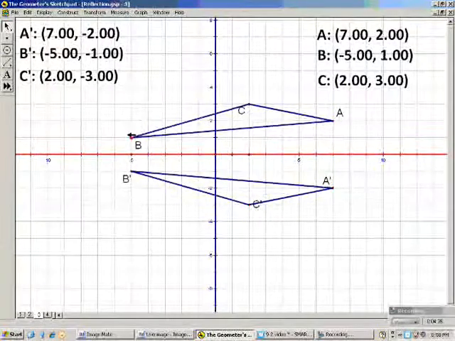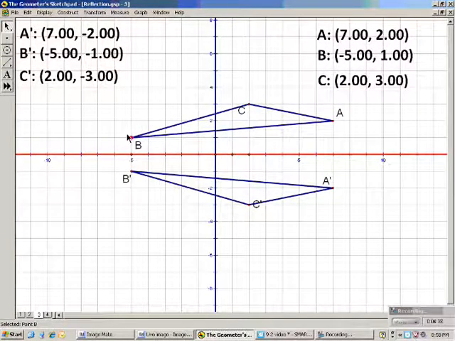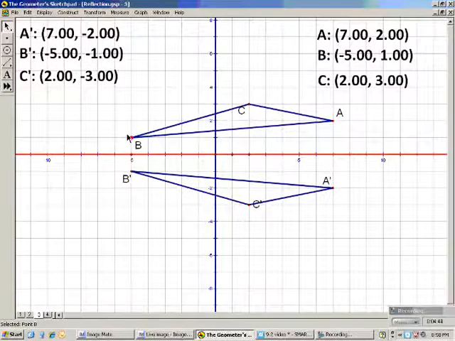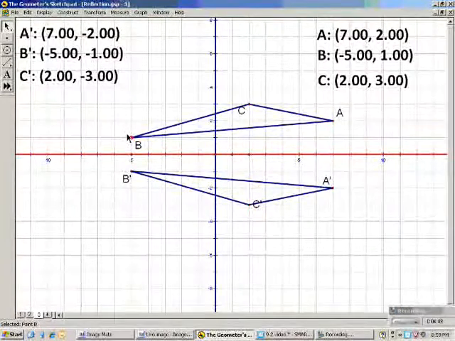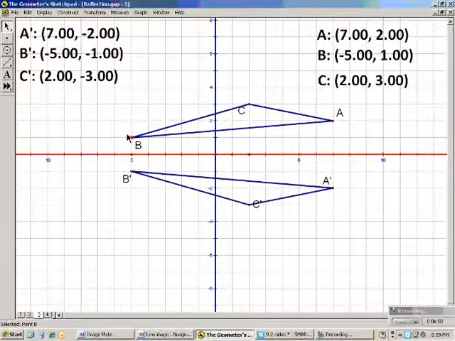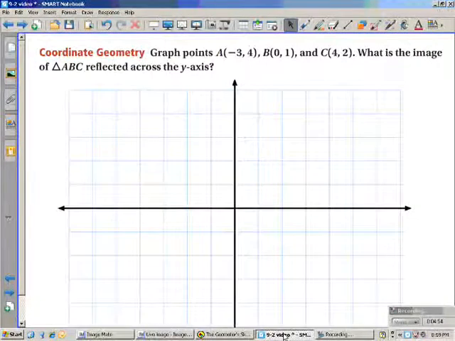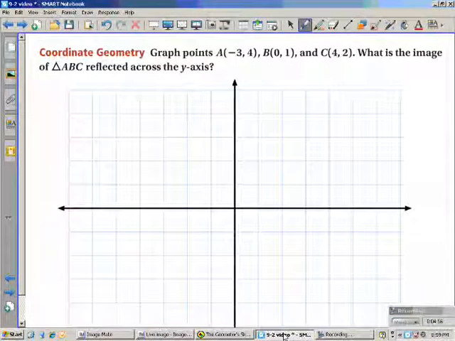Let's go like this. If we have it be the x-axis, again you have the same coordinates, but now the y-coordinates are negative. But again we're still keeping the same distance across the line of reflection that's perpendicular to our line of reflection.